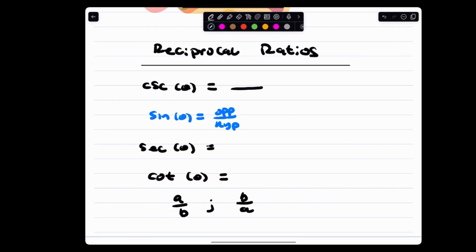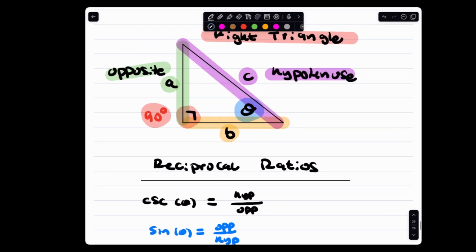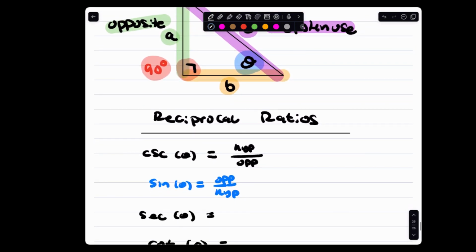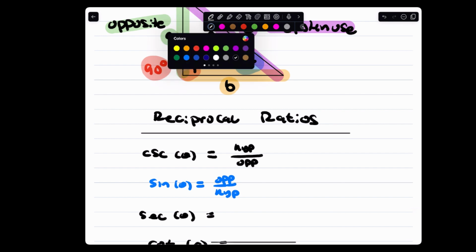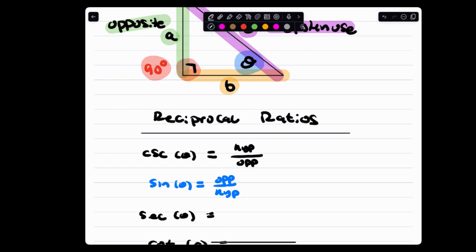And you might say, well, what does that mean? It's going to be the hypotenuse over the what? Opposite side. You just flip the fraction over. So in this picture, the hypotenuse is C. So you might say, is that C over A?